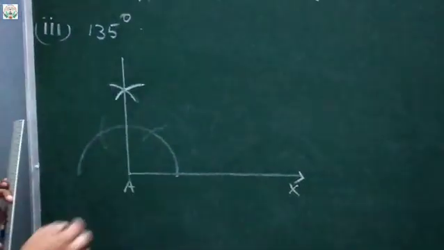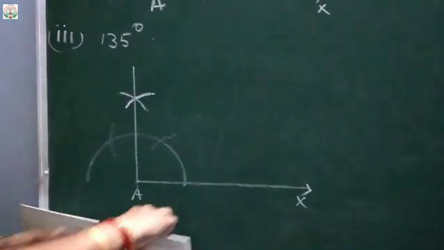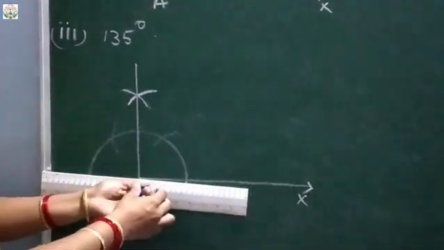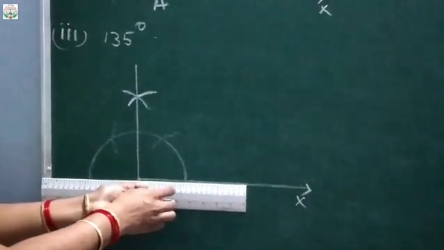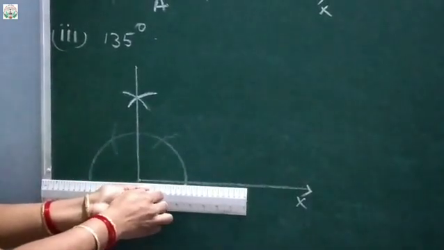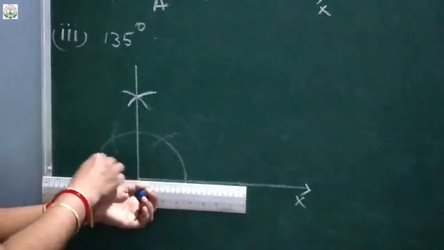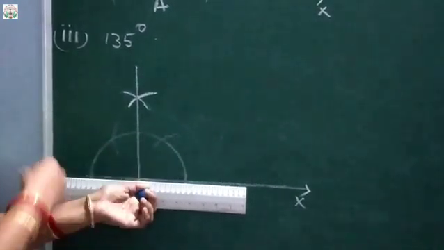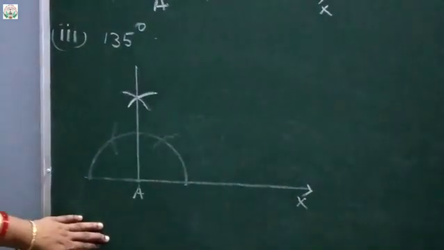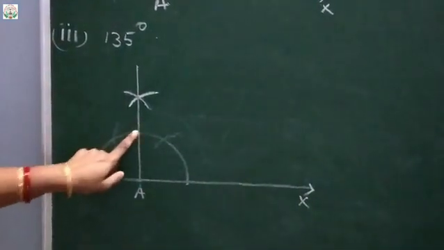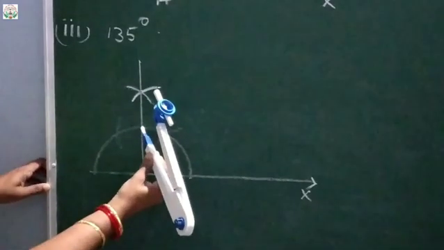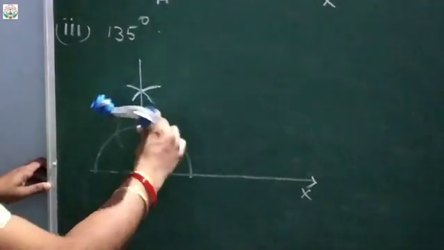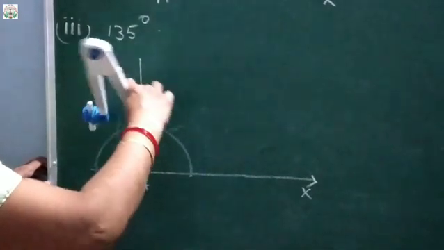Now we need 180 degree also, and the midpoint of 180 and 90 is what? 135. So now keep the needle at 90 degree and draw an arc likewise.